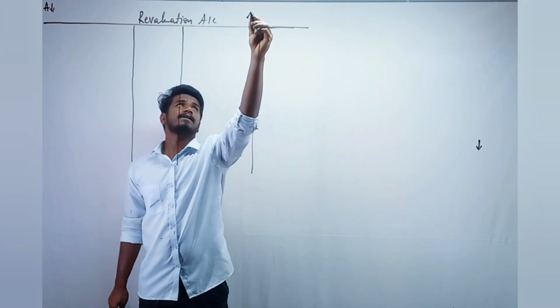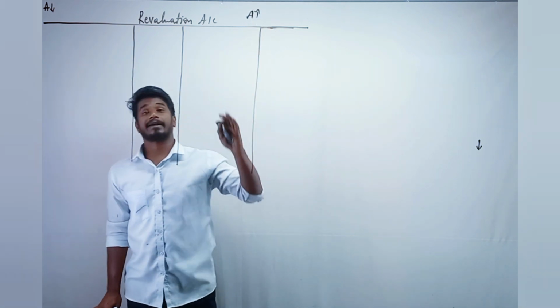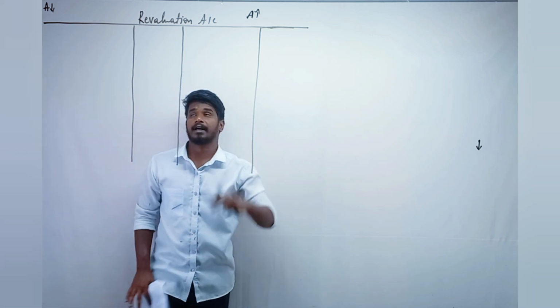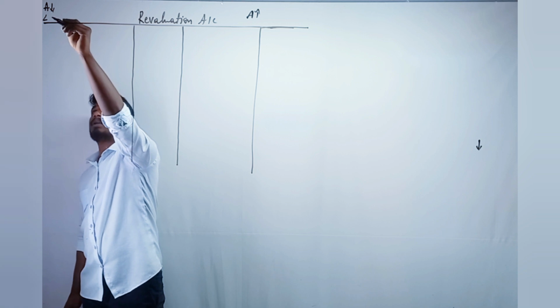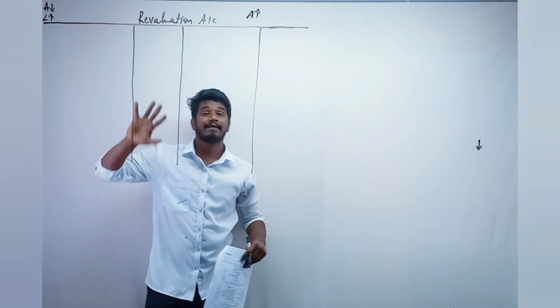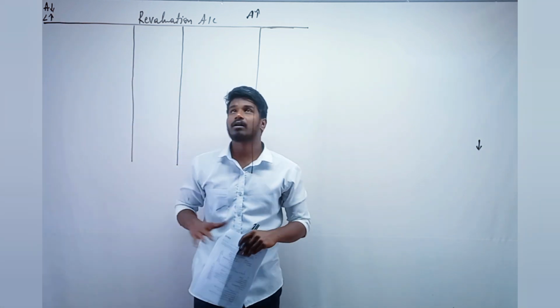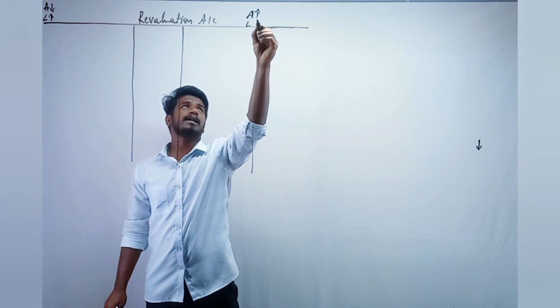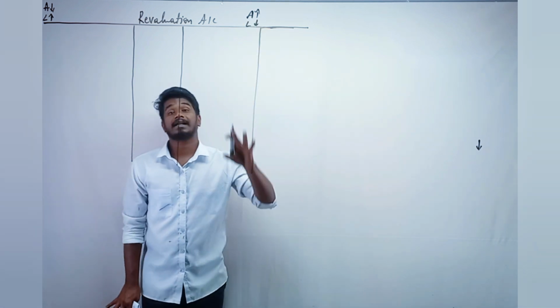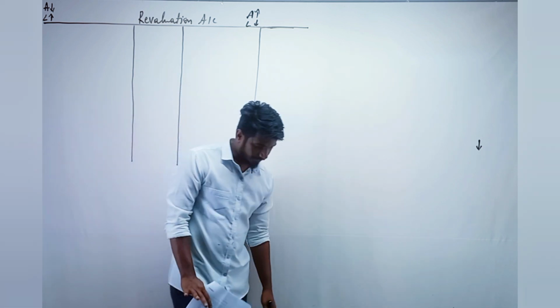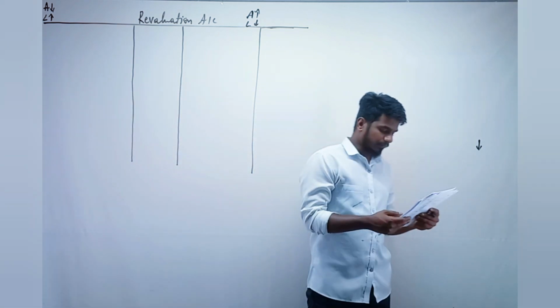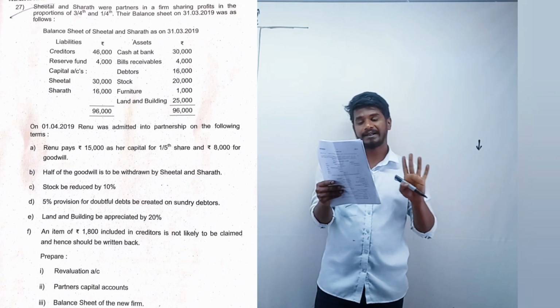If an asset is increasing we will record it on the credit side. Next is liability. If a liability increases we will debit it in the revaluation account, and if a liability is decreasing we will credit it in the revaluation account.